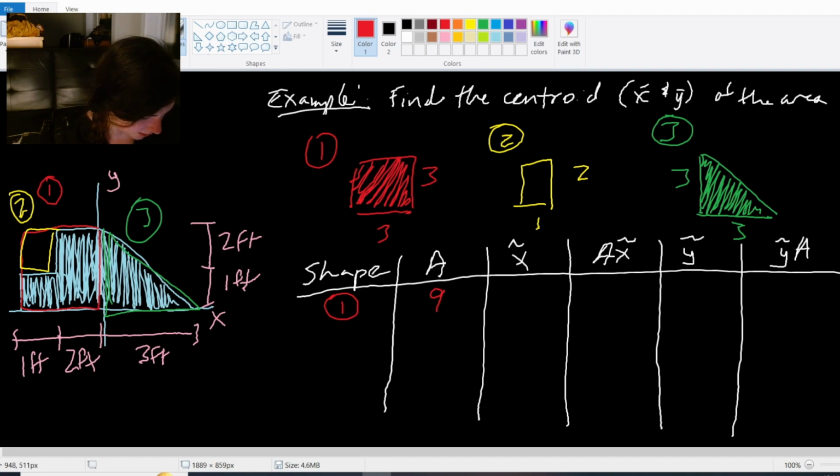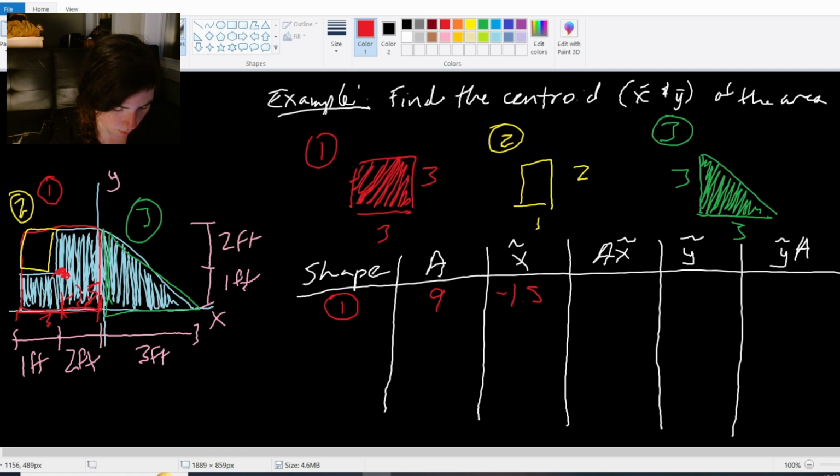So actually, the centroid is somewhere in here. This is not drawn to scale. And we know that it's actually going to be a negative 1.5, right? Since this is 3 and it occurs halfway, it's going to be a negative 1.5 from the x direction.